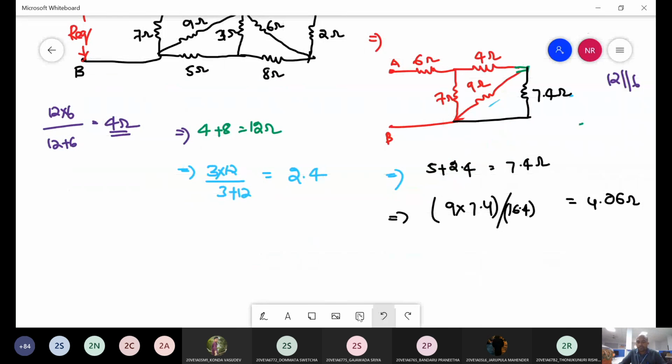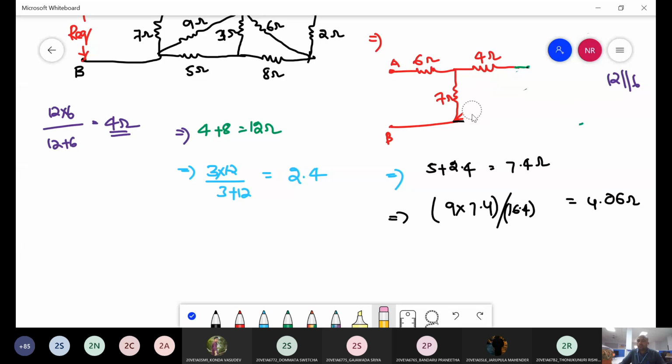Then next level, I am removing these two elements, and I am making only one resistor. How much it is? 4.06. Now this 4.06 in series with 4.